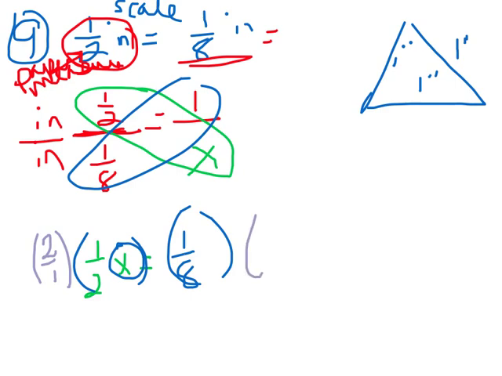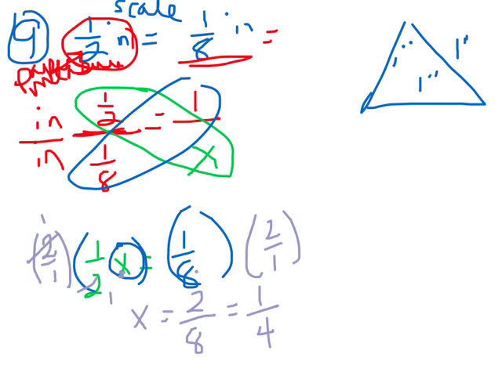I'm going to multiply both sides by 2 over 1. I'm talking about the fraction that's in front of this x. The reason we do that is everything cancels out and leaves me with 1 over 1 x, which is just x. On the other side, 1 times 2 is 2, 8 times 1 is 8. 2 over 8 reduces to 1/4.